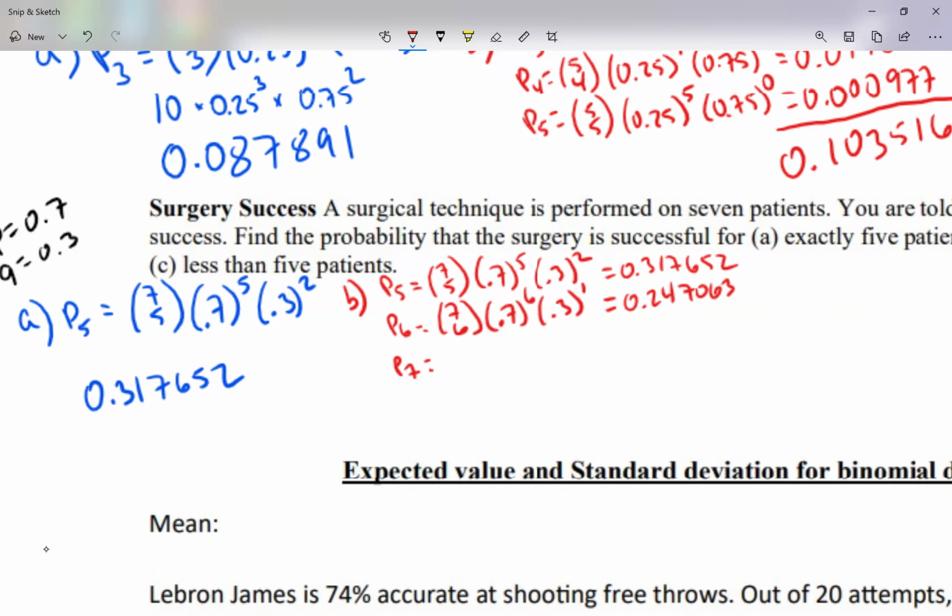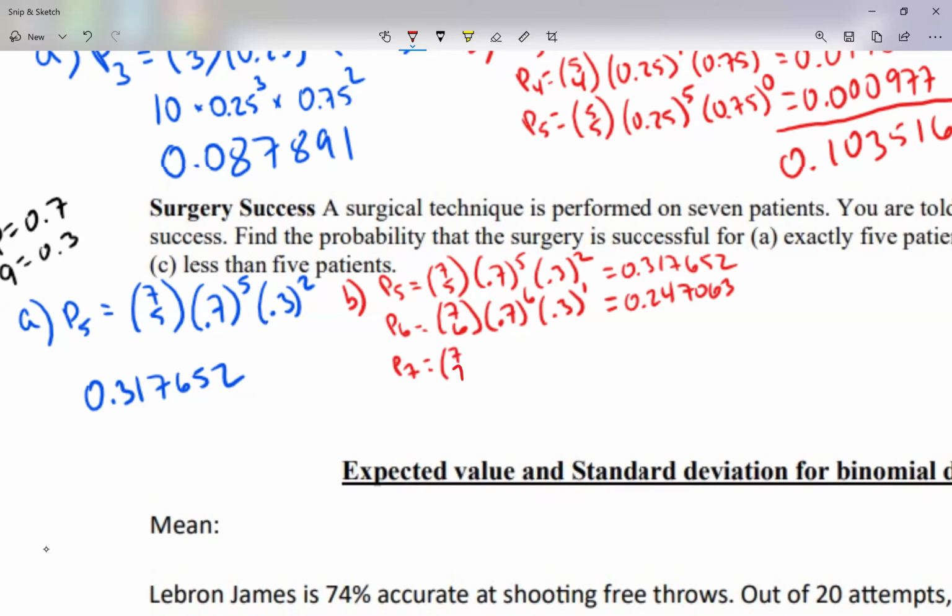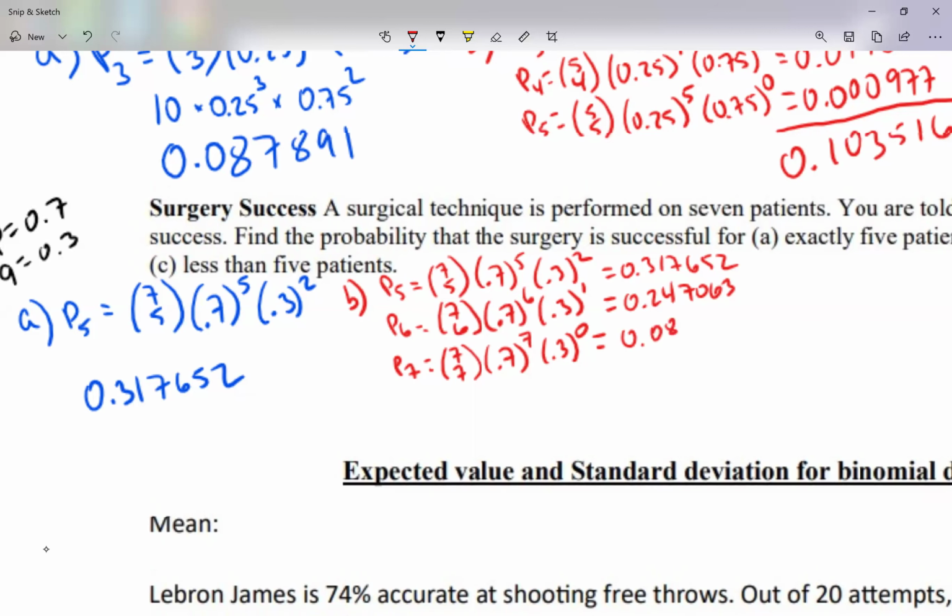Now, the probability I get 7, right? I'm going to do 7 choose 7. So I want 0.7 to the 7th times 0.3 to the 0. Again, feel free to pause this video anytime. Now this gives me 0.082354.